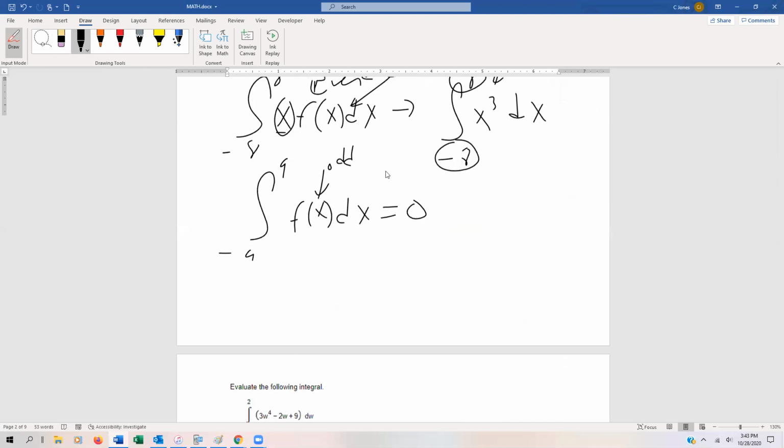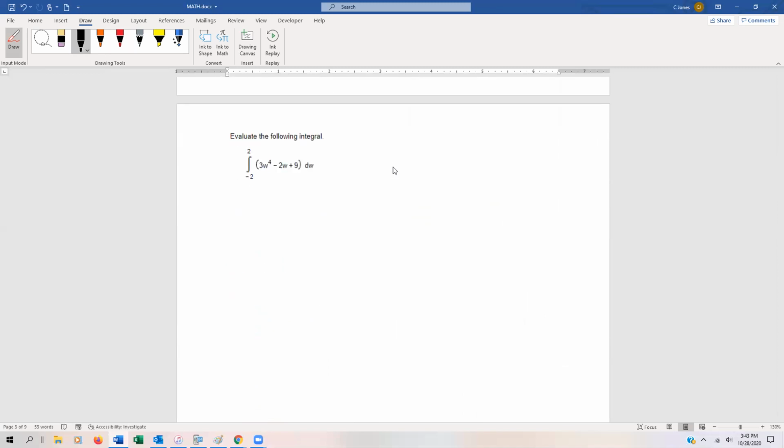Another example, and these are really good examples as to why this is important. Let's evaluate this integral, and we can actually make it really easy at this point. Let's break it up into 3 separate smaller integrals. That doesn't seem like the best way to do it; in fact, it seems like it might be more work.